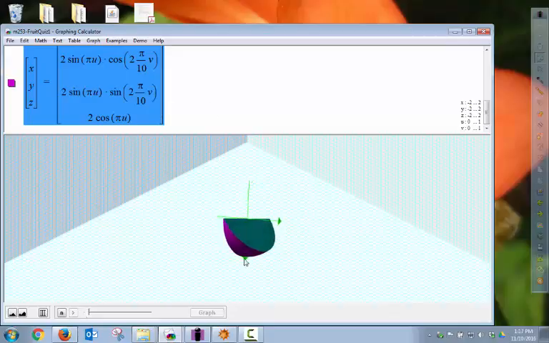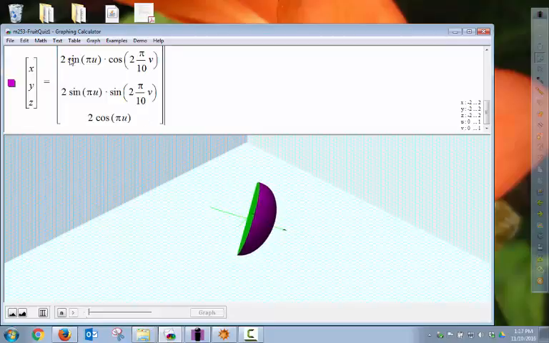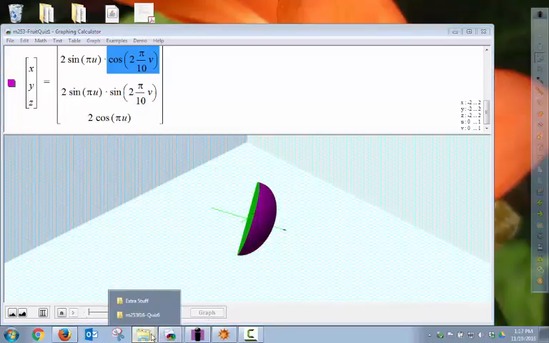The peel part of the orange is part of the sphere, so it has a spherical parameterization: rho sine phi cosine theta, rho sine phi sine theta, and rho cosine phi. Something to look forward to.